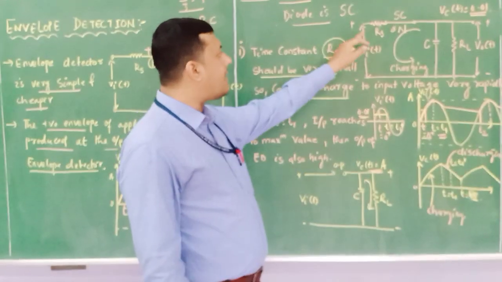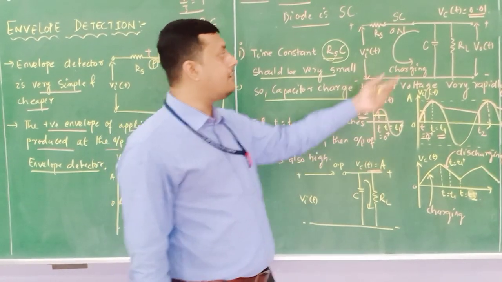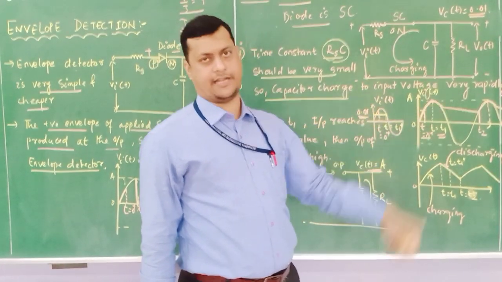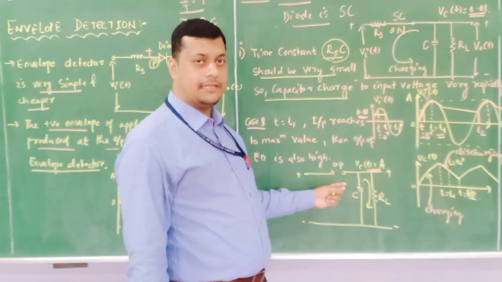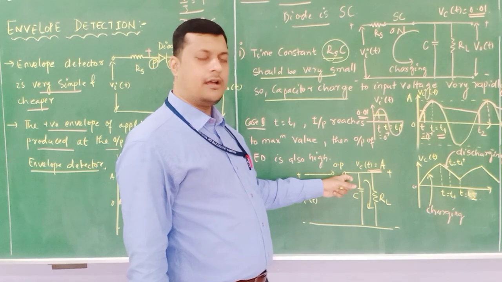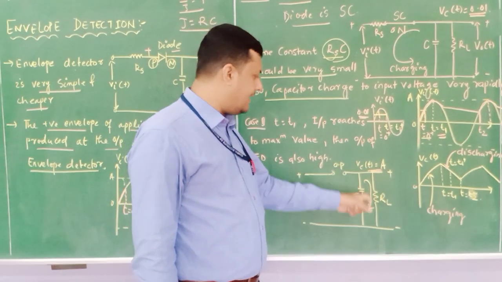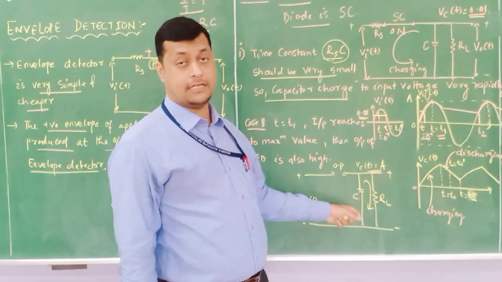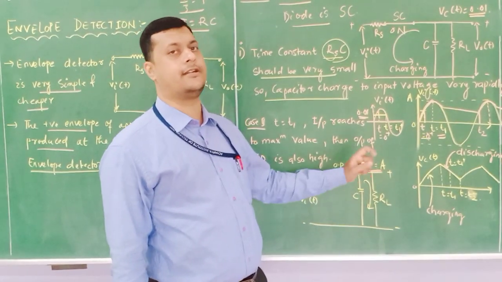First, Rs into C. This time period should be very small, so that it will charge the capacitor at a faster rate. Okay. Second, when it is in the negative half cycle, it will act as an open circuit, the diode is in reverse bias condition, and then the capacitor will act as a source and it will start to discharge. If it starts to discharge, it depends upon a certain time period.